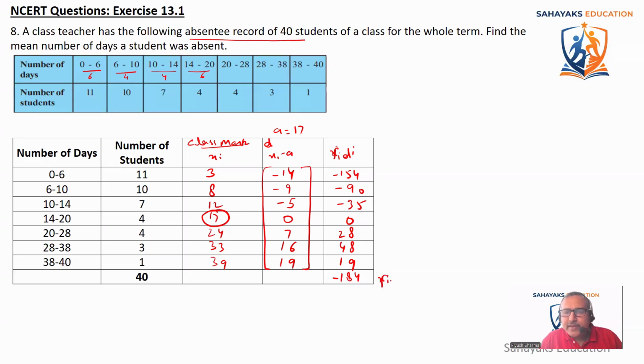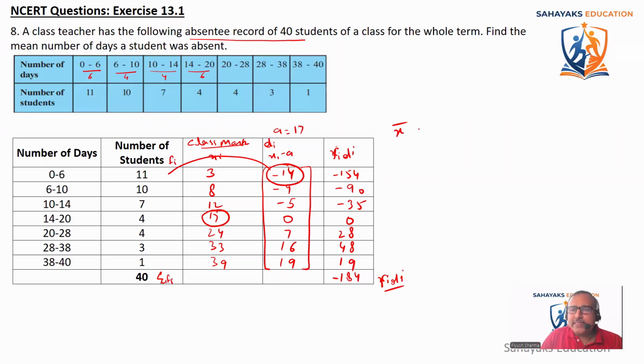Okay, and when we are using the assumed mean method to find it, we have multiplied the deviation, basically this value di, with fi, and this is sigma fi. So what is the formula then?